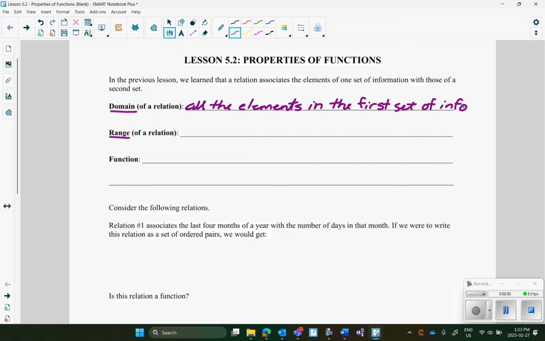And the range is all the elements in the second set of information. So if I go to that example that I just gave you about all of your names and then hair color, all the elements in the first set of info would be all your names listed. So that would be the domain of the relation. The range of the relation would be all the possible hair colors.